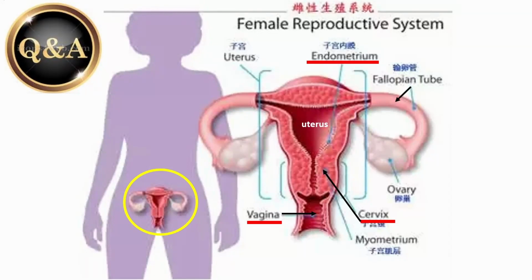Then the uterus is going to open into 2 tubes, one on the right and one on the left, and these are called fallopian tubes. Sometimes they are called the uterine tubes. And then we have the ovary.